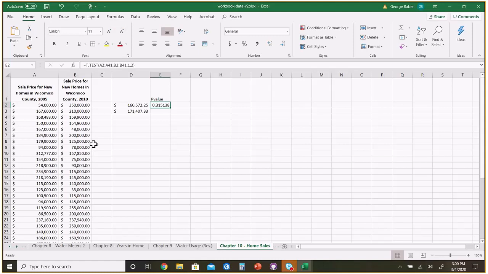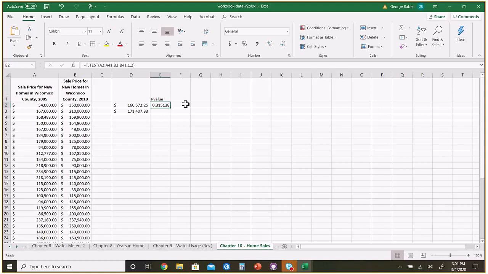But we don't know whether they came from the same population. It's the probability that if we designed this experiment and collected 40 samples from each, the number of times we would get a value like this is 32 out of 100 times.